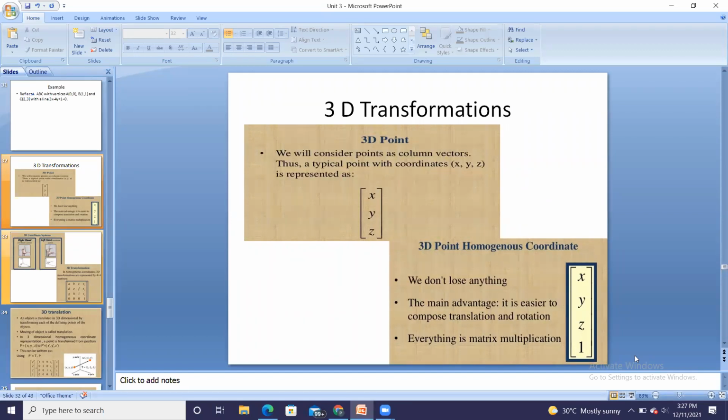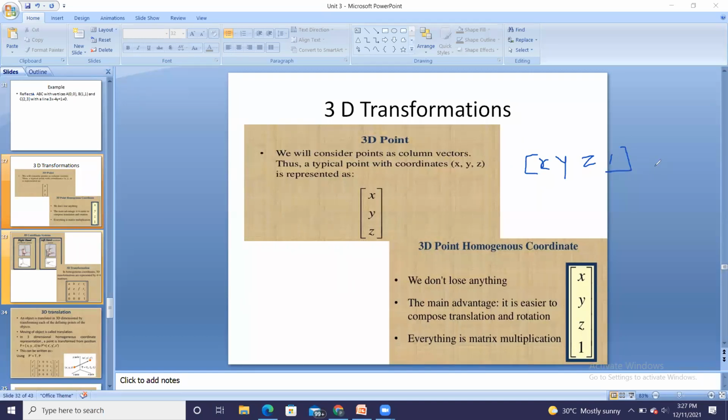Similarly, every 3D point is also converted into a 4 by 4 matrix setting. So every 3D point is converted into 4 by 1, which is 4 rows and 1 column, or if I write it in its transpose fashion, I will have x, y, z, and 1.